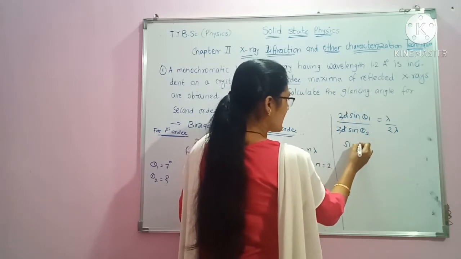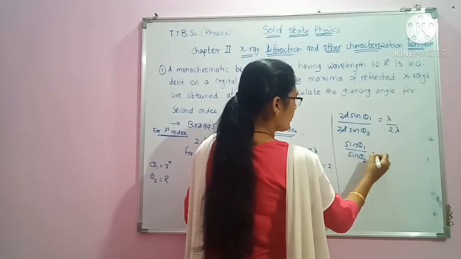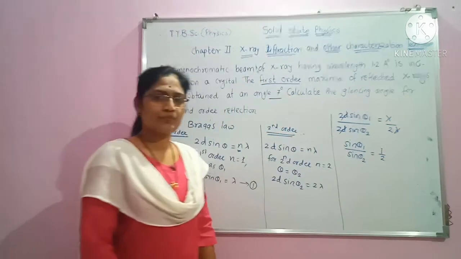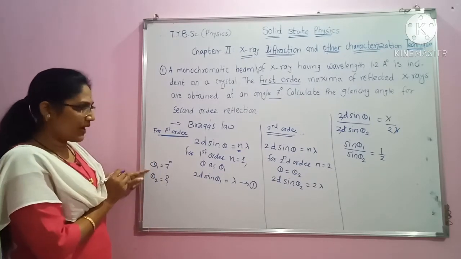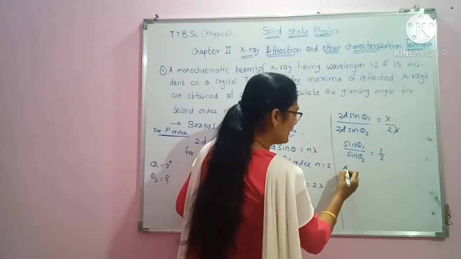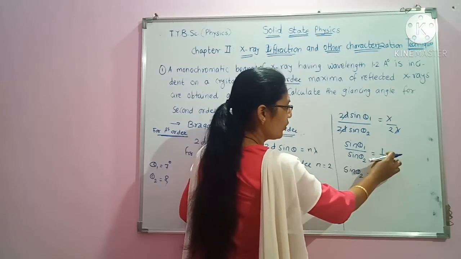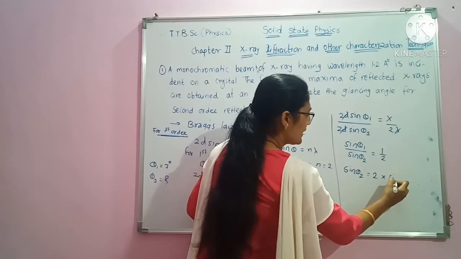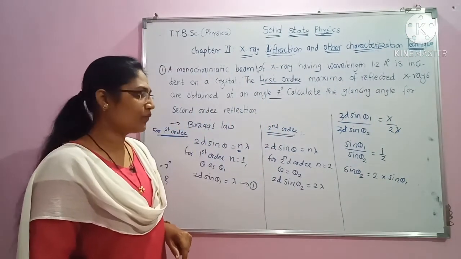It means that sin theta 1 upon sin theta 2 comes out as 1 upon 2. Here theta 1 is given and we have to calculate the value of theta 2. So we simplify it and rewrite as sin theta 2 is equal to 2 into sin theta 1.